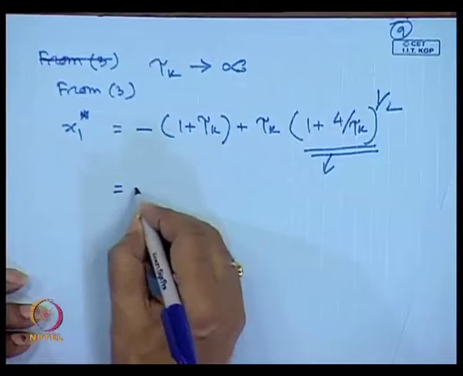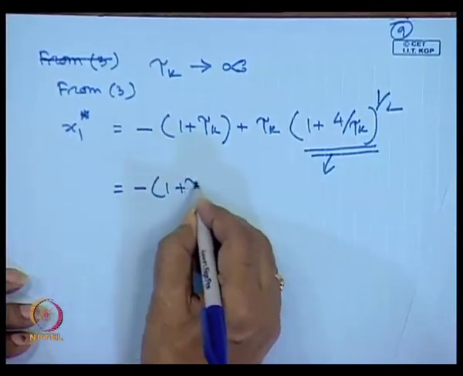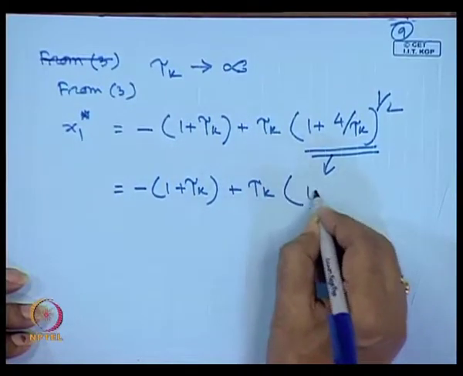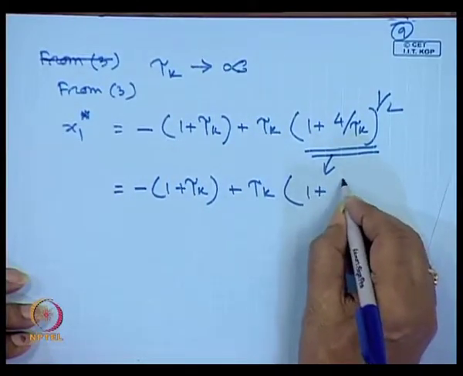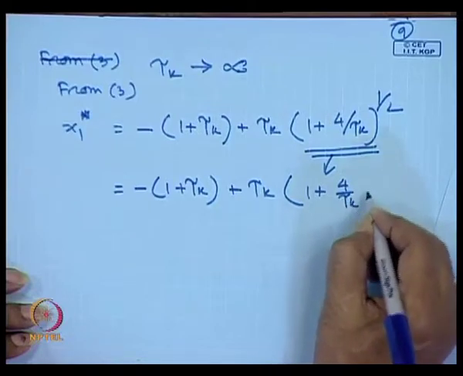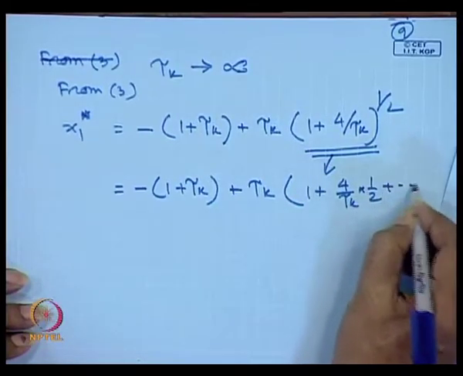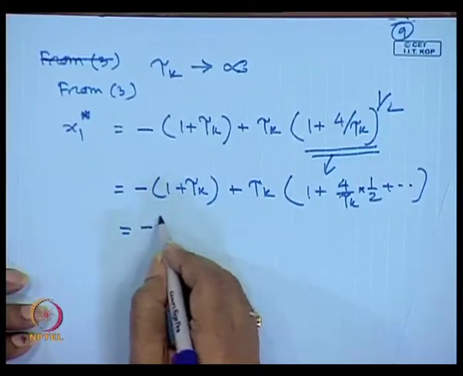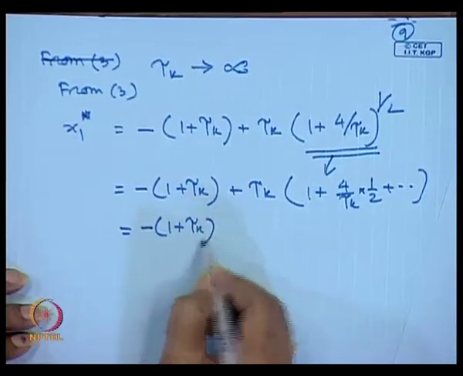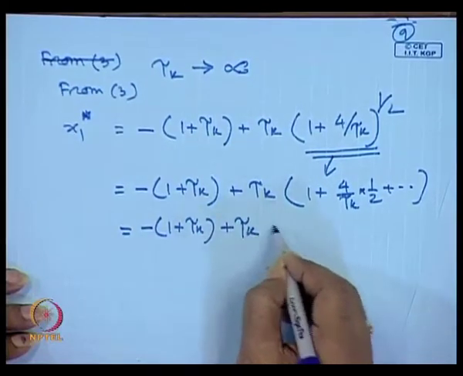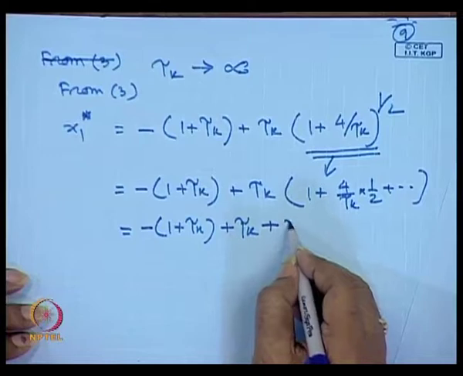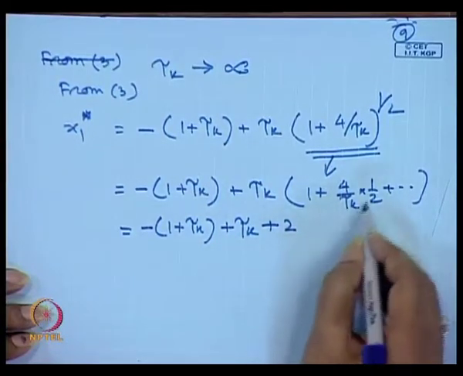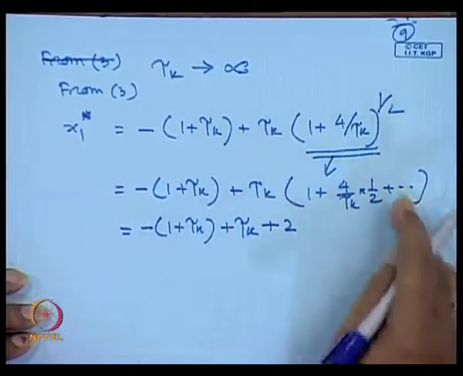So, if you do this one, it will be 1 plus tau k plus tau k into 1 plus 4 tau k to the power half plus higher terms. Now, you push it tau k. So, 1 plus tau k plus tau k, then it is a 2, this cancels to this, and other terms, when tau k tends to infinity, will be zeros.